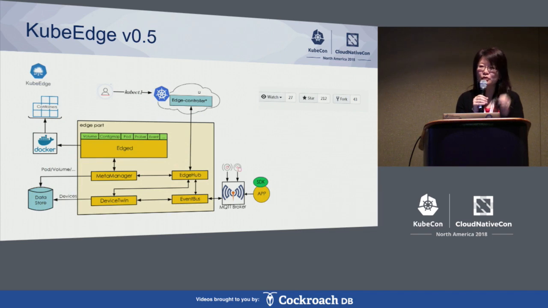Here, if you go to the KubeEdge GitHub, this is the current status. You can see a lot of people have started already. I call this the architecture; you can see it on the website. You can see the device twin. We also support MQTT for the devices already.